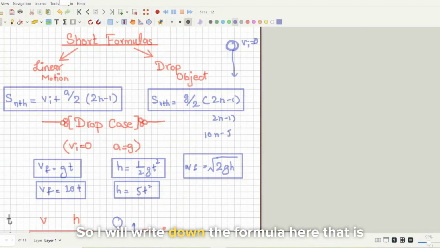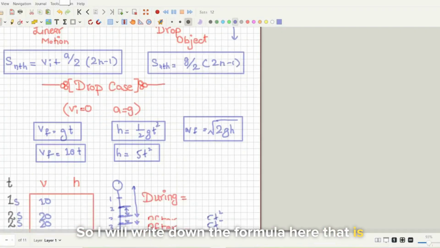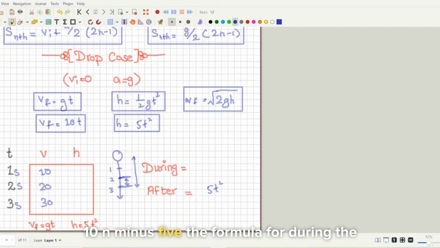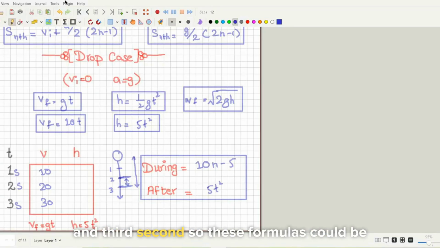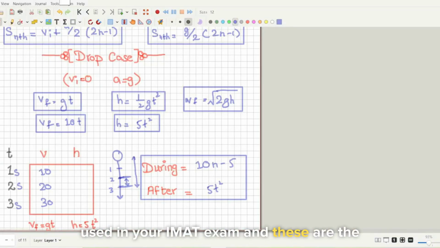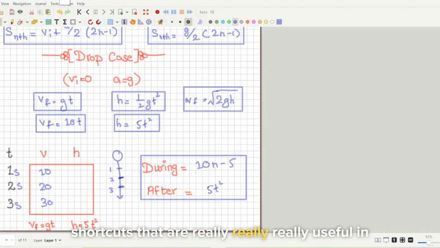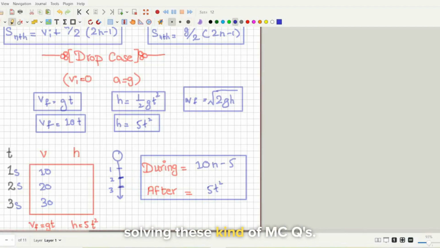The formula for during the motion is 10n minus 5. So these are the formulas for during and after the first, second and third second. These formulas could be used in your IMAT exam, and these are shortcuts that are really useful in solving these kinds of MCQs.